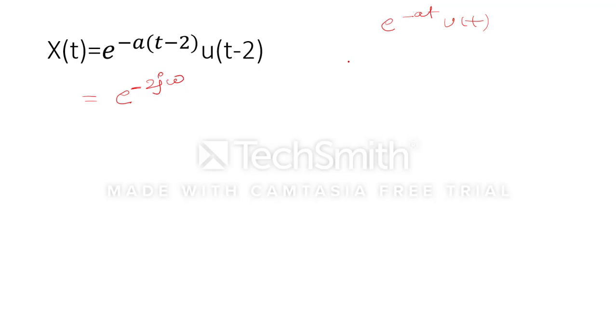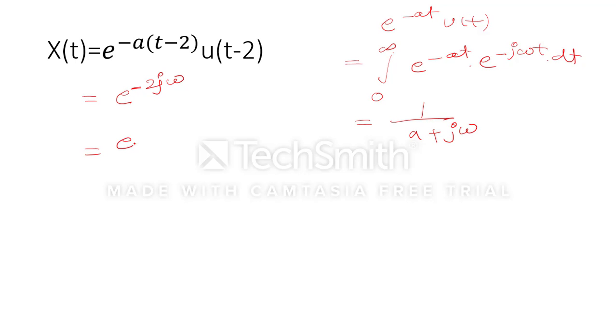To find the Fourier transform, we should remember that the limits will be from 0 to infinity, of e^(−at)e^(−jωt)dt, and when we integrate it, we will get 1/(a + jω). So here it will come e^(−2jω), with a + jω in the denominator. This will be the final answer.